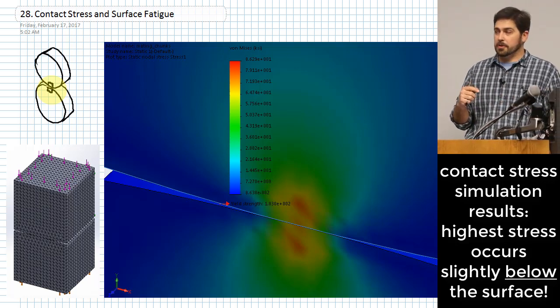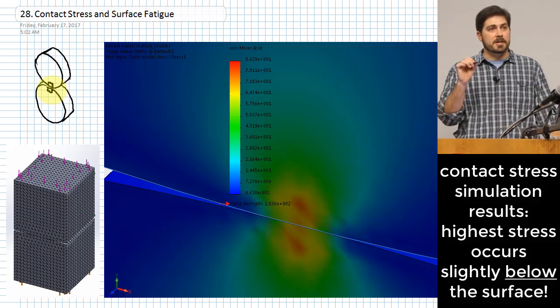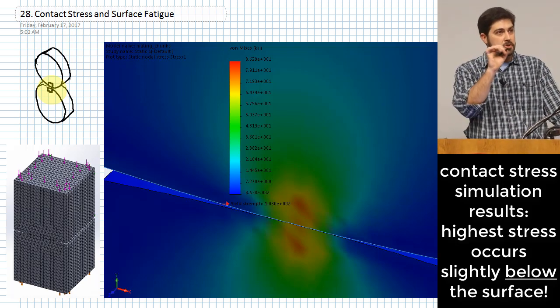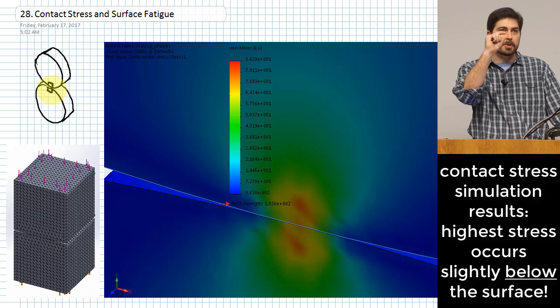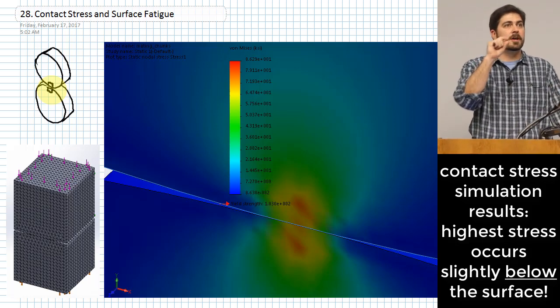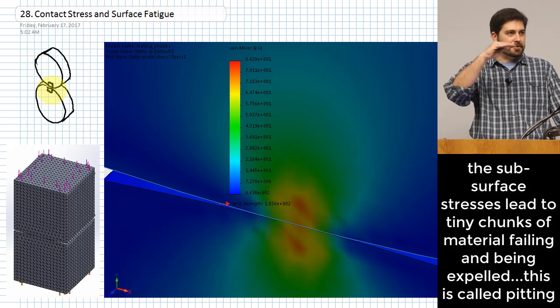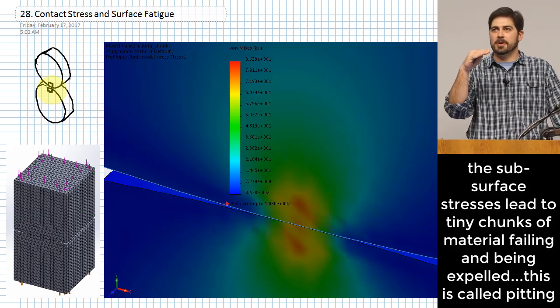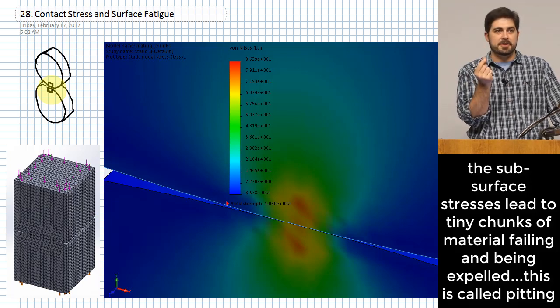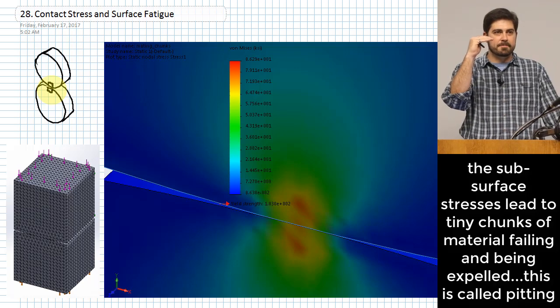And there is a specific ramification that happens as a result of this highest stress area being a little bit below the surface. It's not very far below the surface, but it's a little bit below the surface. What happens is the outermost shell of material actually tends to survive okay, but right underneath it, the material that's supporting it is the part that tends to fatigue over time.